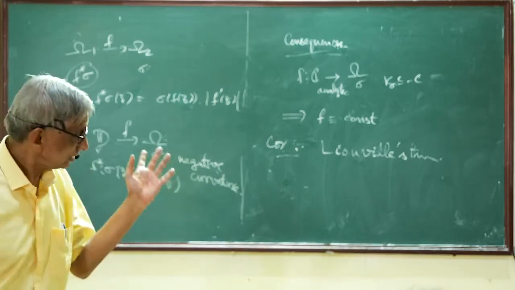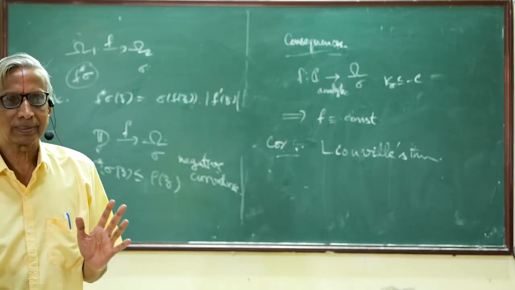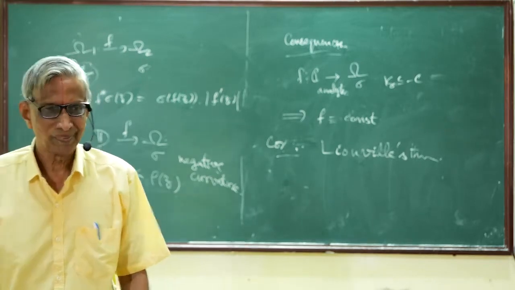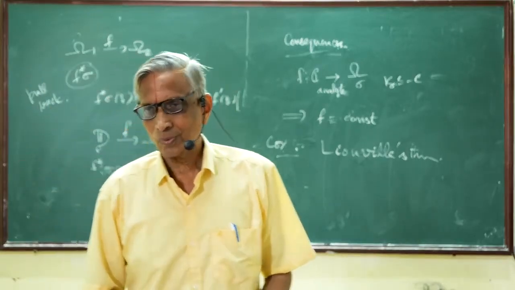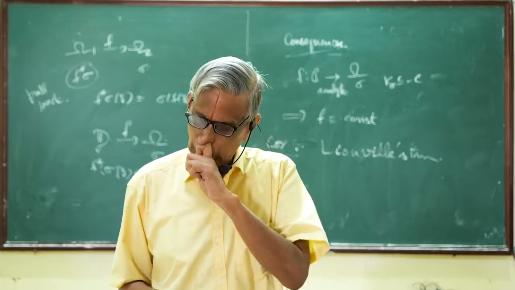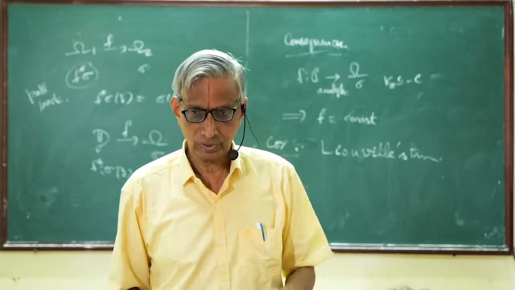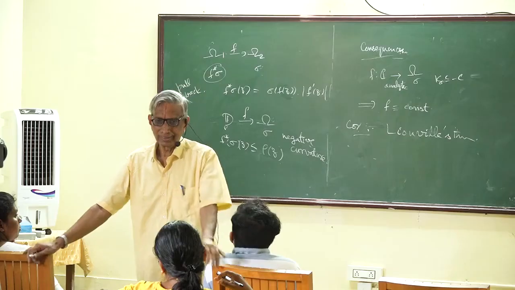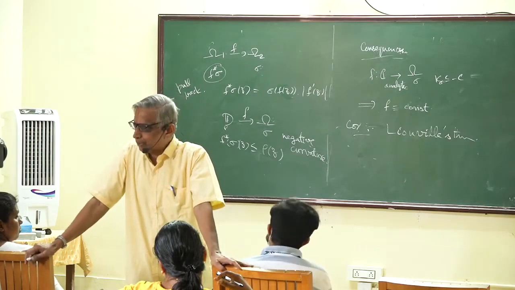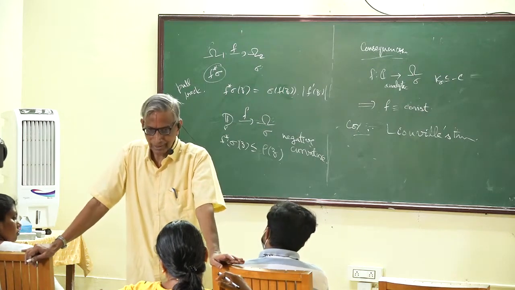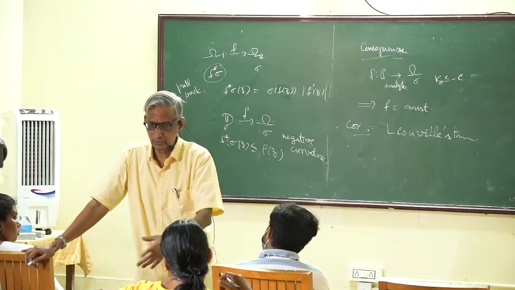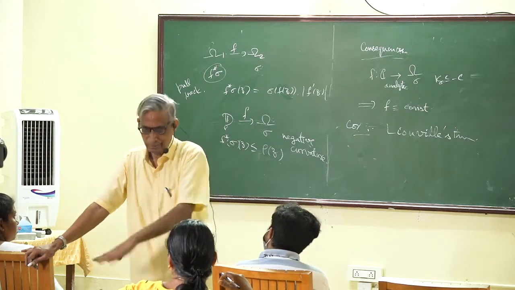Okay, but not just this. Let me ask this question. What can you say about the values or the range of an entire function? It need not be the whole complex plane, right? For example, the exponential function doesn't take the value 0. Of course, it can be the whole complex plane.